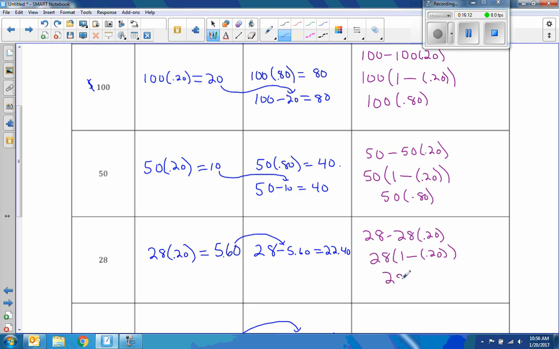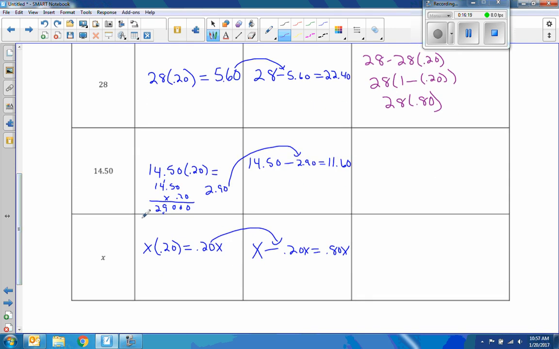And then 28 times 1 minus 0.20. Then $14.50 minus that $14.50 times the discount of 20%.